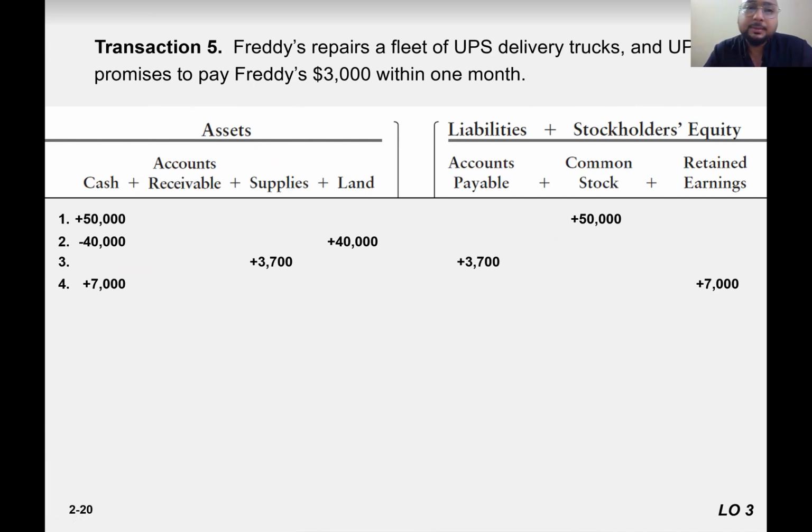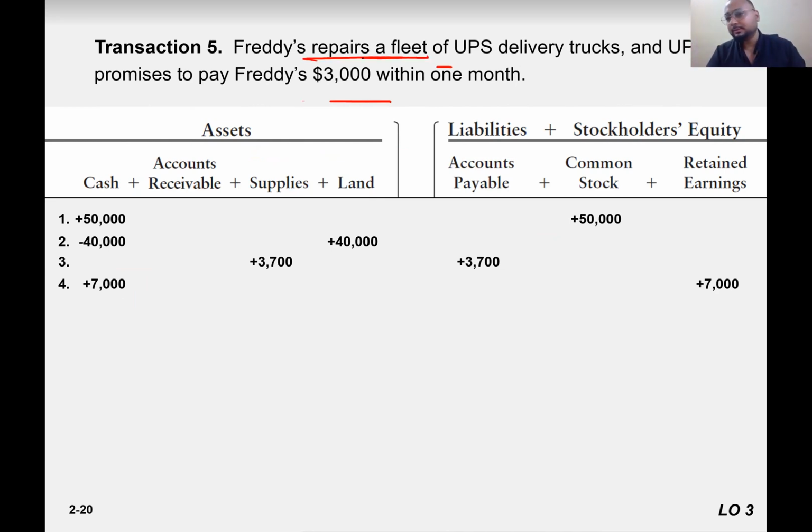Transaction 5. Friday repairs a fleet of UPS delivery trucks, and UPS promises to pay Friday 3,000 within a month. Remember, Friday is Auto Service Corporation and UPS is their customer. UPS says we will give you 3,000 later. But the service happened, yes.